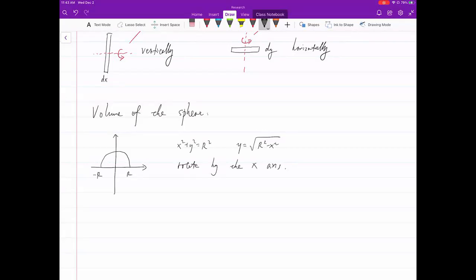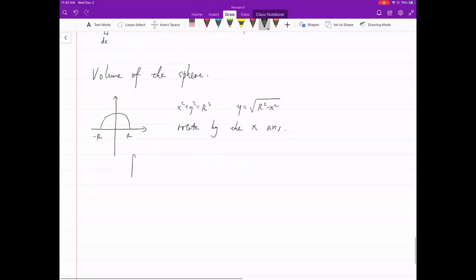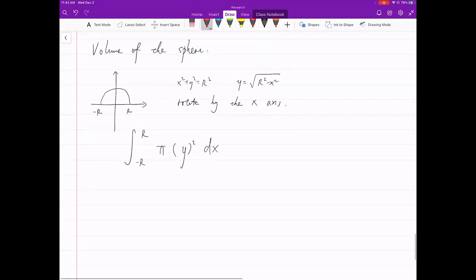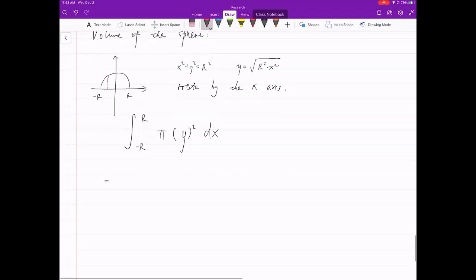Good so far? All right. How do you set it up? Negative r to r, pi r squared. My r is my y, dx. My r is this. Can you do it? Well, it's pretty easy.